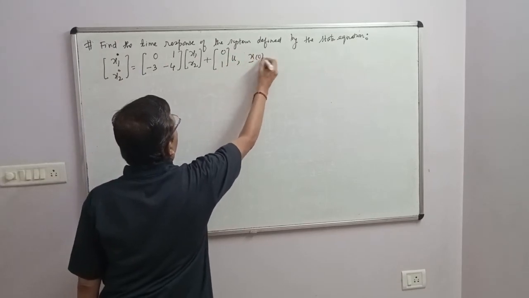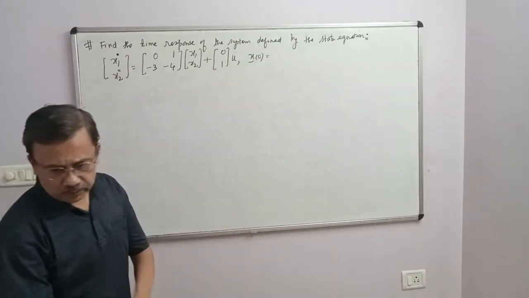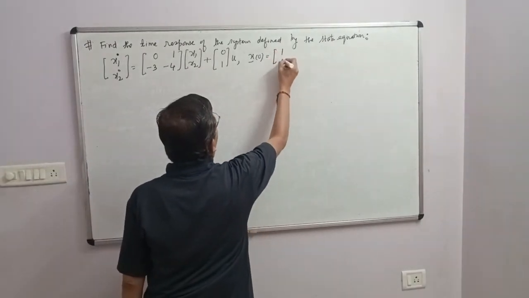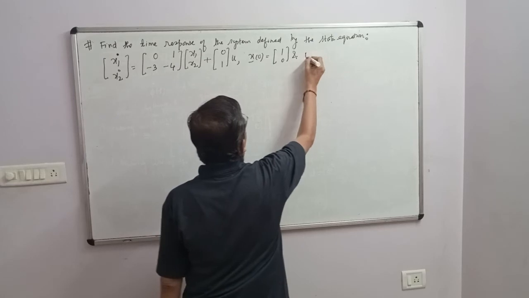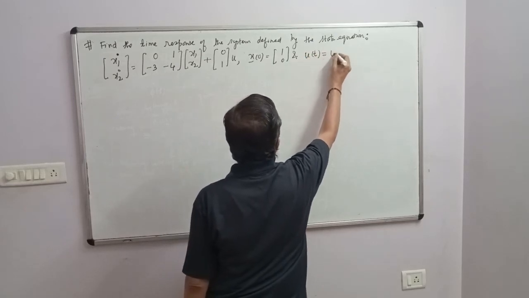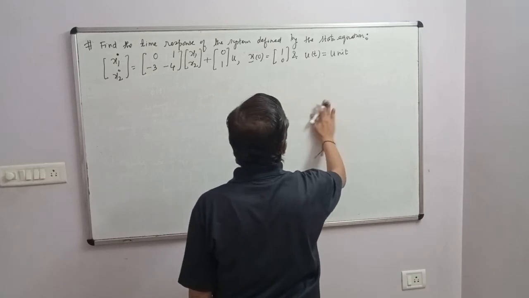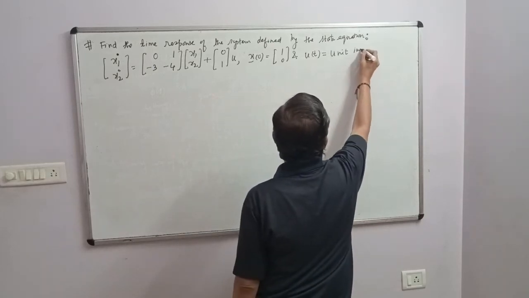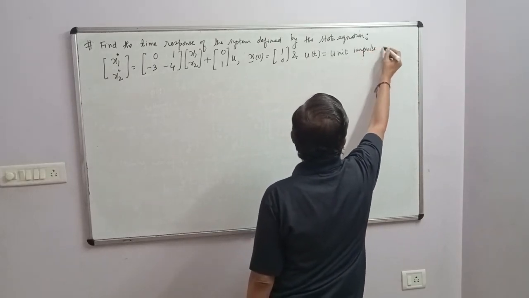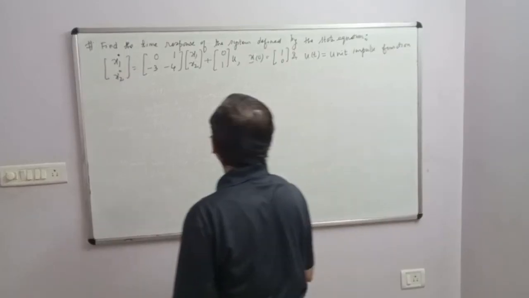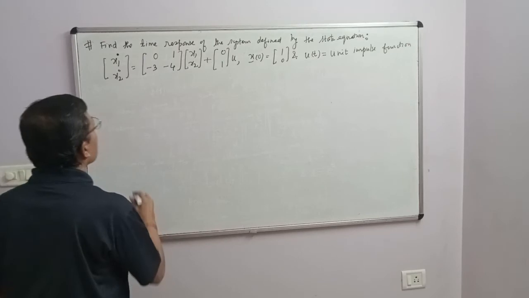Initial state vector x bar of 0 is equal to 1 0 and u of t is equal to unit impulse function. This is the problem.